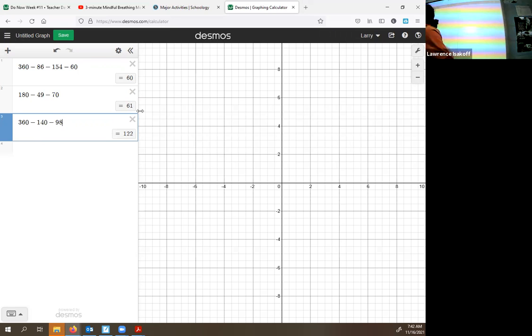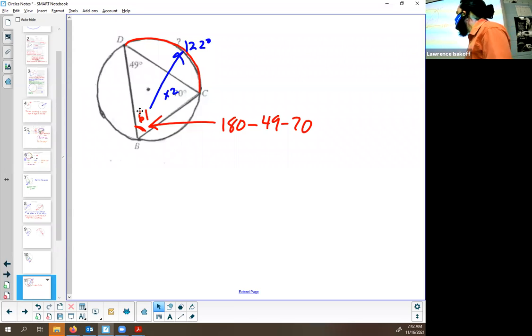Once we subtract those two from 360, we get 122. Same idea, right? We got the same answer. We used similar ideas. It just looked a little different. That's what I'm saying about these being like a puzzle. You just kind of have to piece together which way to go. Not everyone, it's like, oh, just start here and here. It's go where you start seeing it.